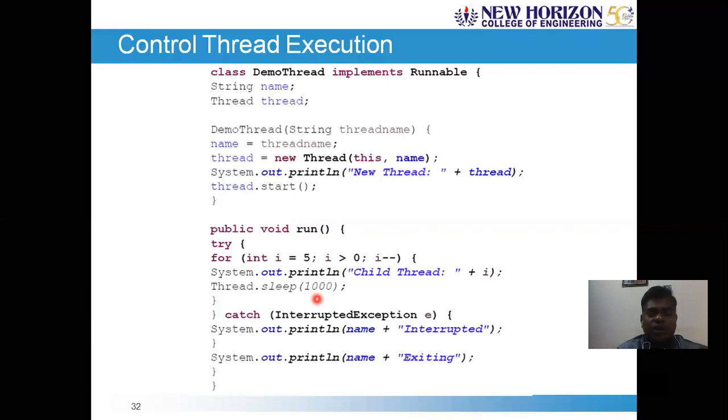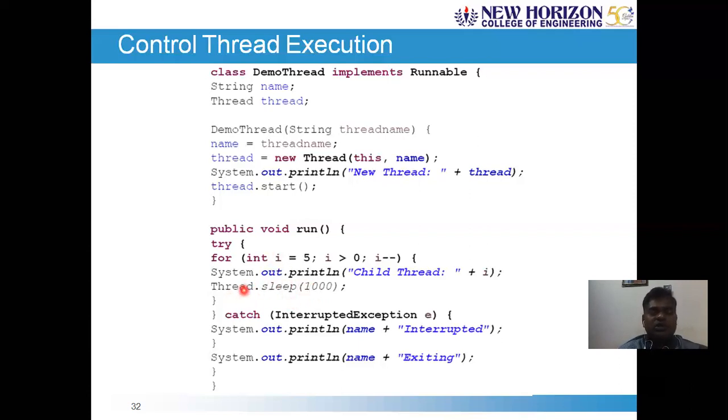It is compulsory when you are making the thread sleep, or when you are calling a wait method on a thread, that you must handle the InterruptedException. So it is mandatory.